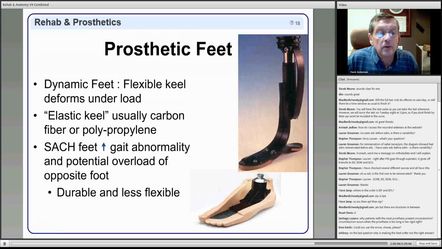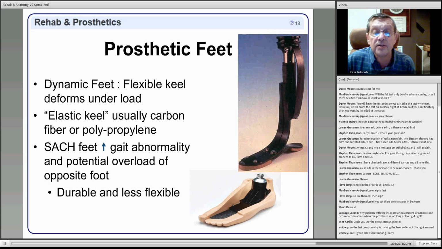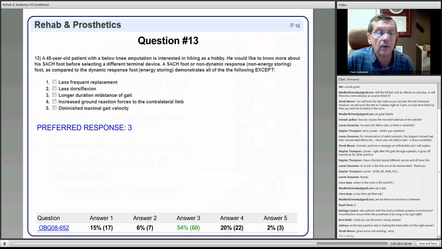So if we look at what the different types of feet again are, the dynamic feet are the flexible keels where they will deform under load, as you see in the top illustration. The bottom illustration is a cross-section of a SACH foot. Now, the elastic keels are for the most part made of carbon fiber or polypropylene, and the problem with SACH feet is that they can lead to gait abnormalities because of their inflexibility and potential overload.